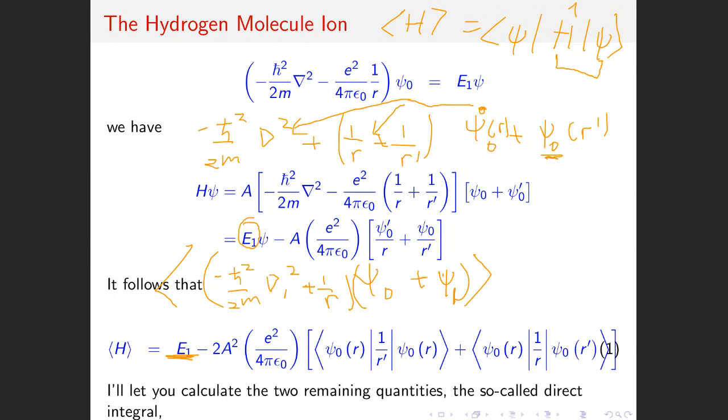But there will be extra terms, and the extra terms are what you are going to be labeling as exchange, because there will be certain integrals where you are multiplying that ψ(r), but it's not hitting that 1/r, it's hitting this 1/r'. So you end up with integrals of the form ψ(r) on 1/r' ψ(r), which are these integrals.